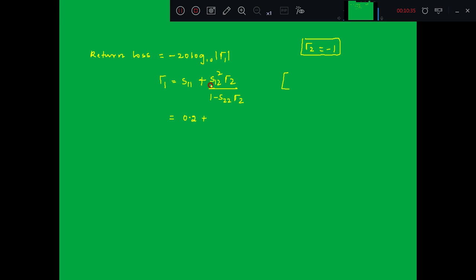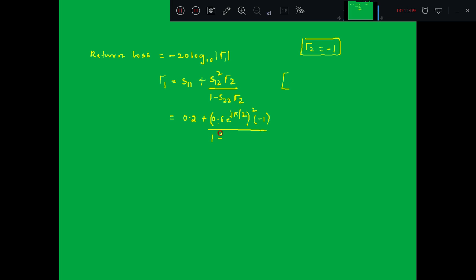It is 0.6 with a phase angle of 90 degrees. In phasor polar form, 0.6 at 90 degrees can be written as 0.6 e raised to j pi by 2. And here it is S12 square, times tau 2, which is -1, divided by 1 minus S22.